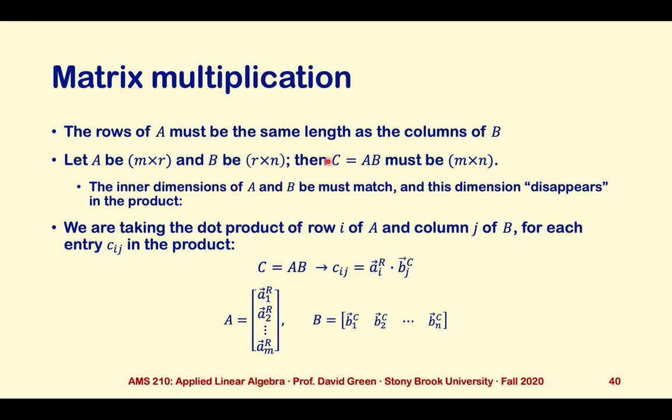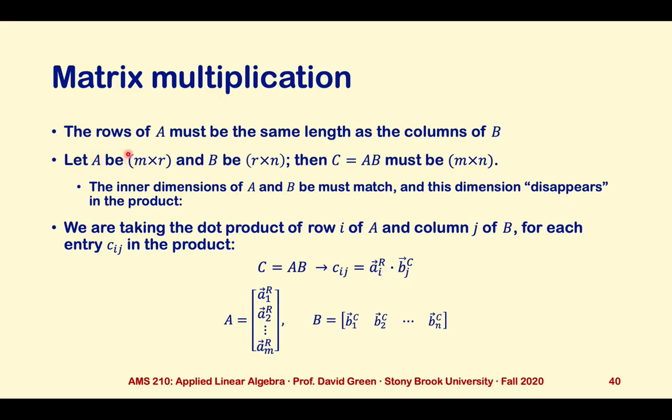In the product, the answer has the same number of rows as A, because that defines the row of the product, and the same number of columns as B, because the column we use defines the column of the product.